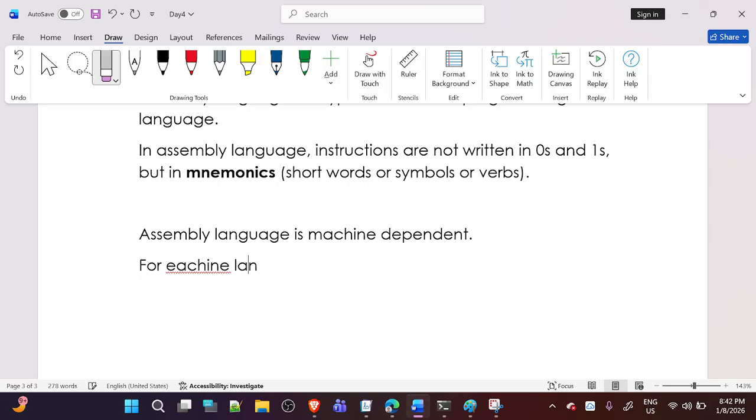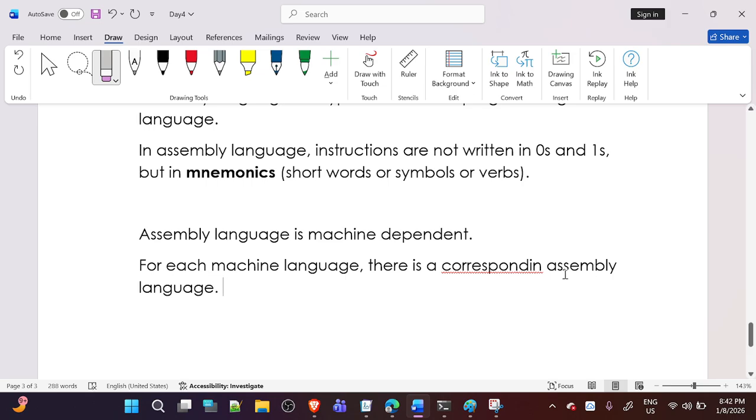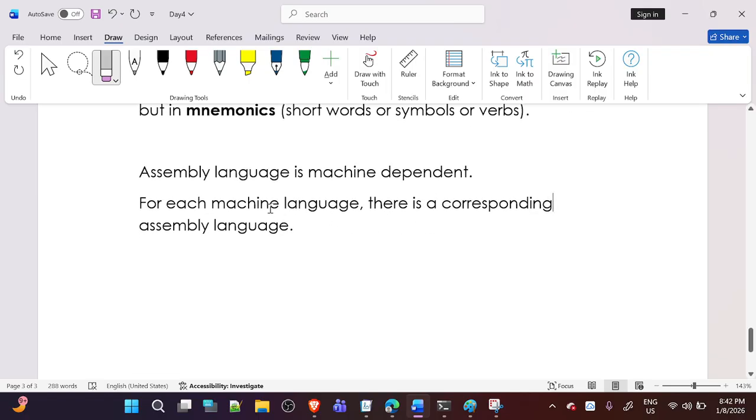For each machine language, there is a corresponding assembly language. Why? Because assembly language provides a little bit of readability on top of binary languages. So for each machine language there is a corresponding assembly language, right?